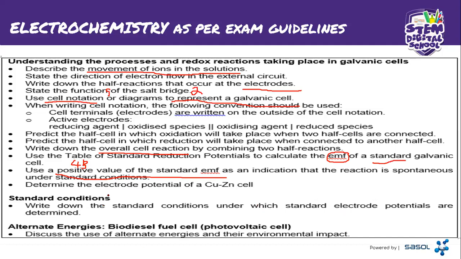And we must be able to determine the electrode potential of a copper zinc galvanic cell. And then under standard conditions, we must be able to write down standard conditions under which standard electrode potentials are determined. So those values on table 4B, we need to know the standard conditions under which the cell would be operating so that those reduction potentials are calculated.